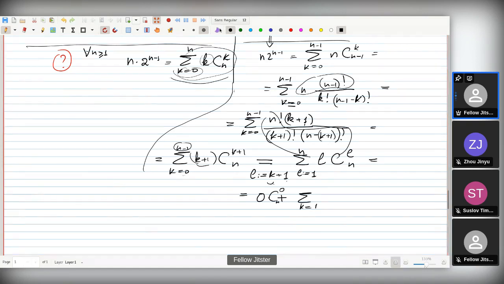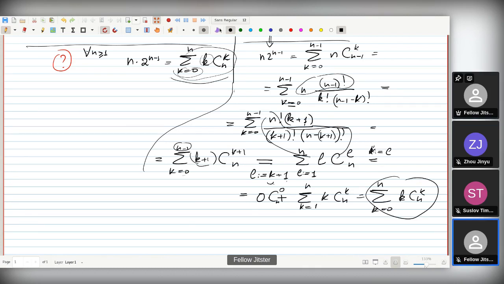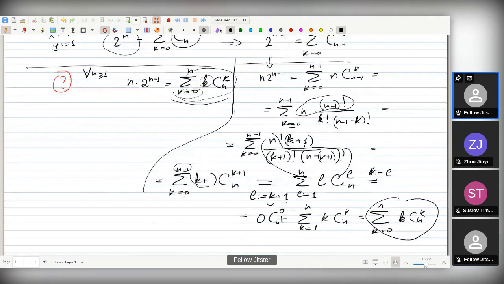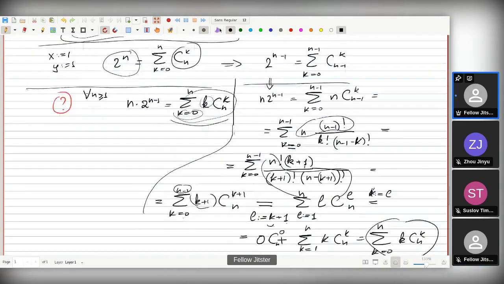We can rename L back to K. And finally, we obtain what we need. Is it clear? Yes. This was one proof. Brilliant. You have proved it.